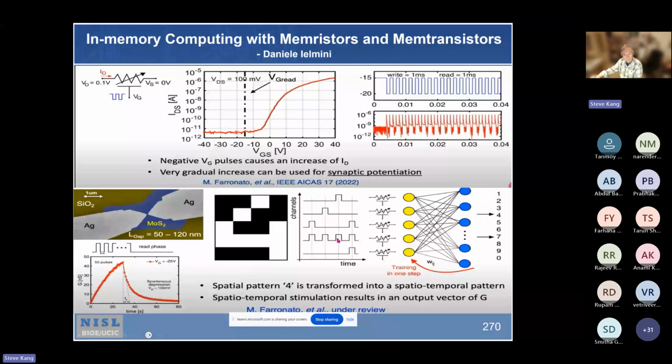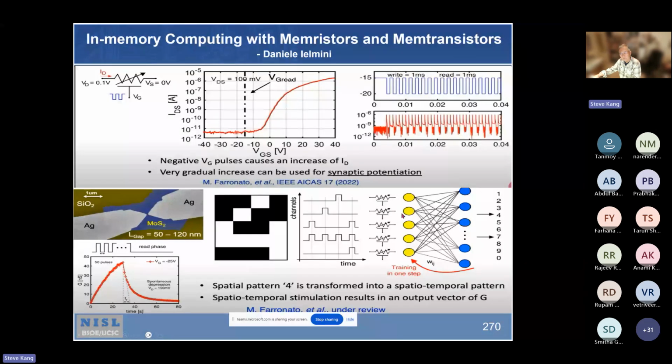So you converted this into spikes along the time axis. So this is like a signal on the time axis. There are 5 signals going into this mem-transistor, where the conductance can be changed, right?